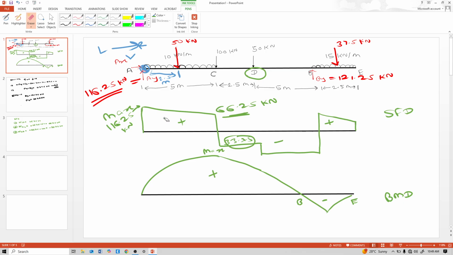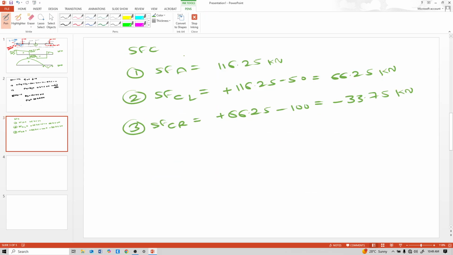So shear force just left of that D is similar, minus 33.75, because in between C to D there is no load.